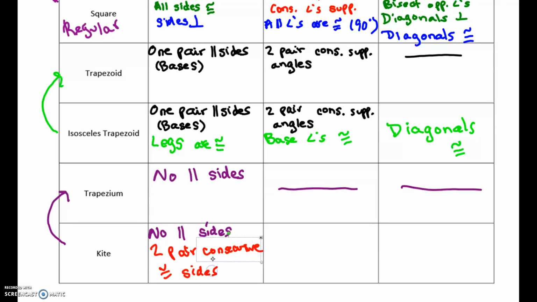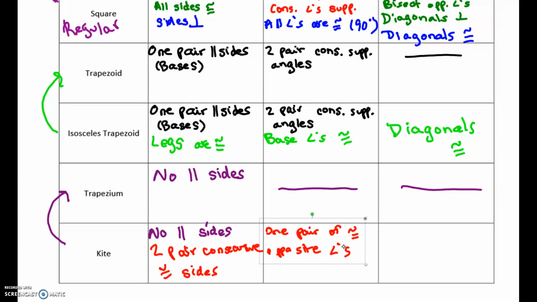Okay, that's consecutive, not opposite. That makes it a little bit different. They have one pair of congruent opposite angles.